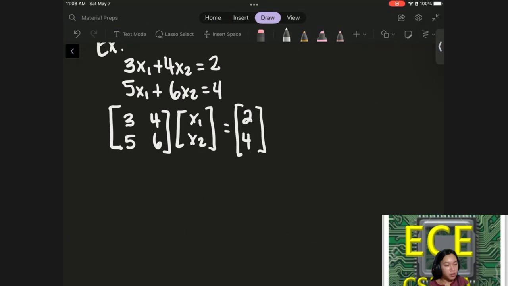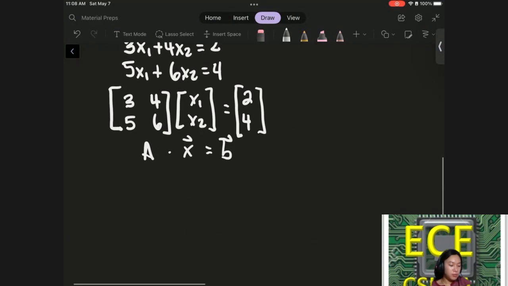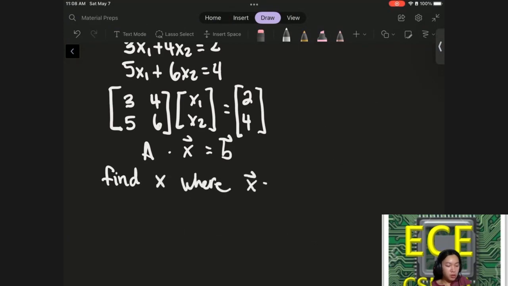Already you can see the form A times vector x equals vector b. The goal here is to find x, where the x vector equals A inverse b.